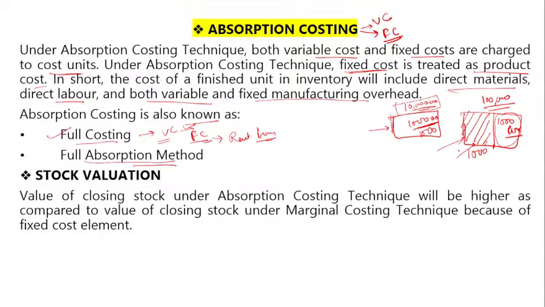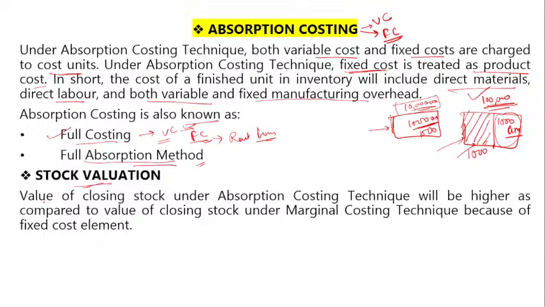When it additionally stores 1000 more units, the company is still paying the same. That means it is absorbing the full area. That's why this is a full absorption method, the absorption costing.